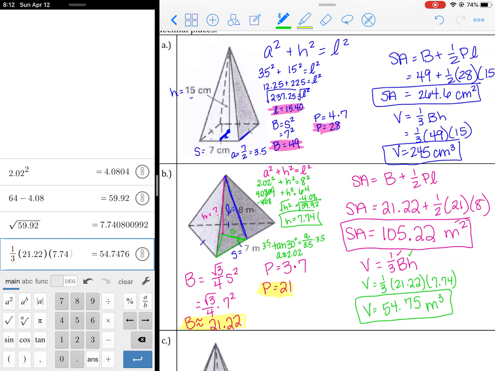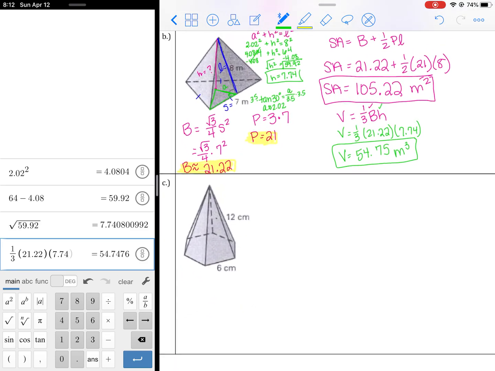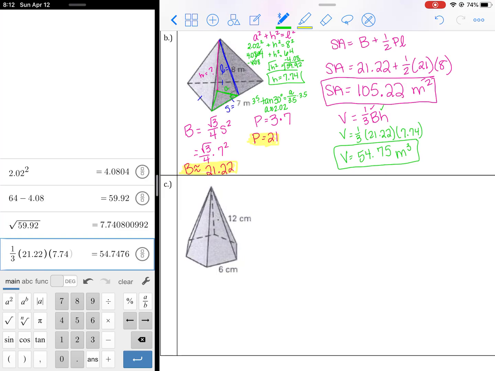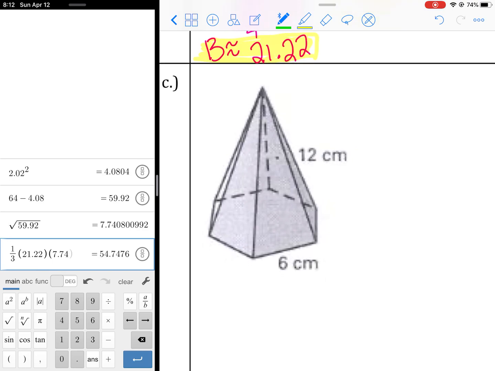All right, we have one more pyramid to find, and this one is going to have a hexagon base. So let's look at what we're given. The 6 here is a side length. The 12 that we're given is an edge.